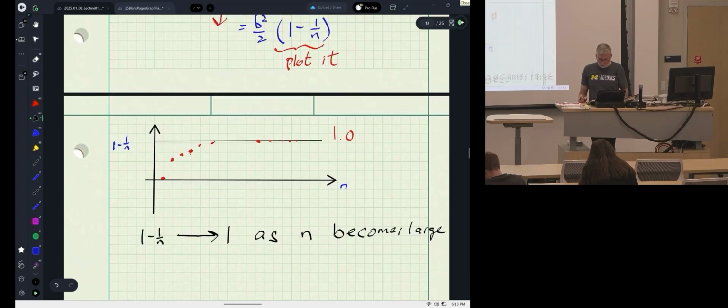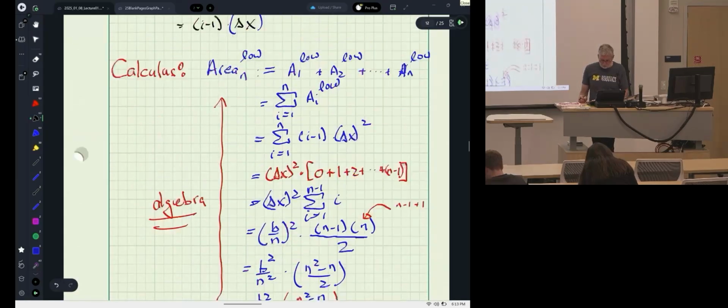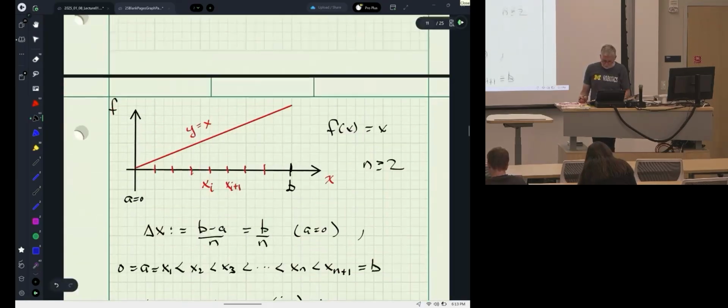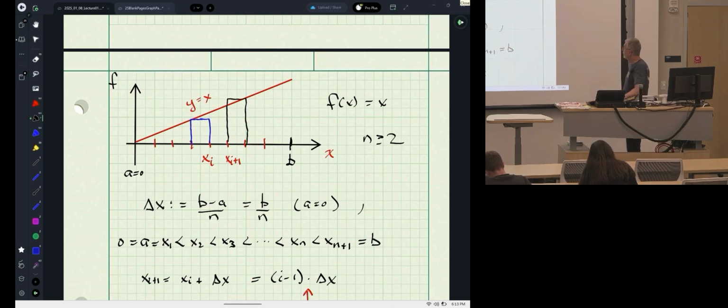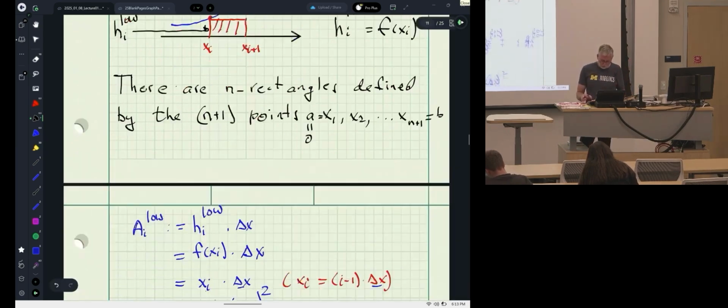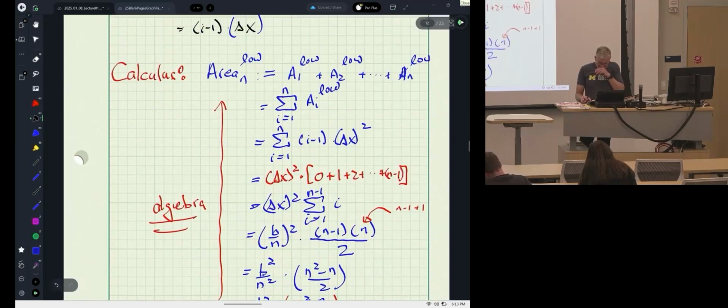So that's our lower approximation for the area of the triangle. So the lower approximation looks like this. Then we're going to now do an upper approximation, but we won't do all of the algebra because you've already gone through it once, okay?